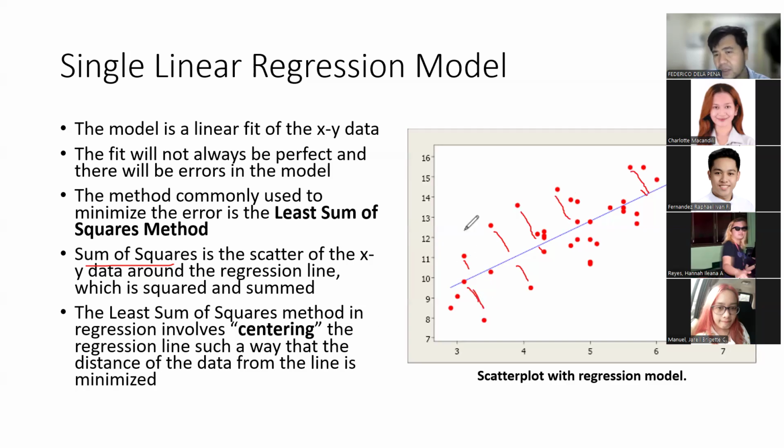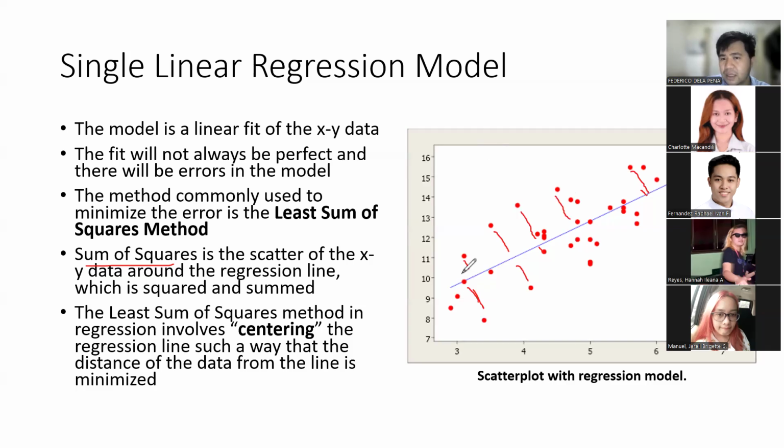What we do is we calculate the sum of squares of the data relative to the mean value, and from there we can derive the regression line, which should minimize the sum of squares. Again, I'm not going to expound on that one.